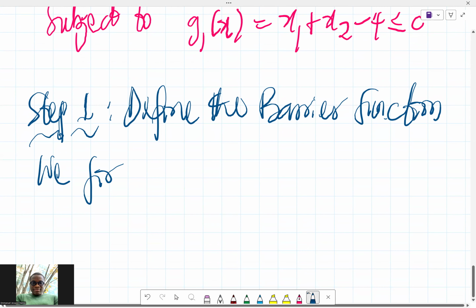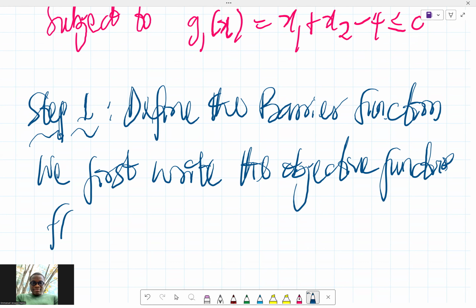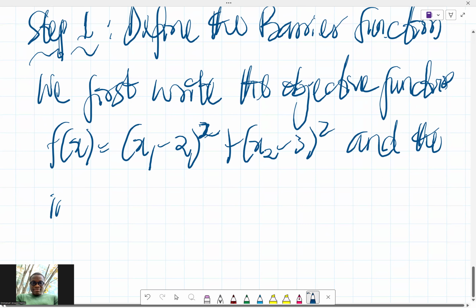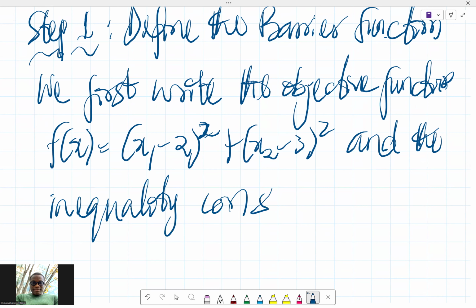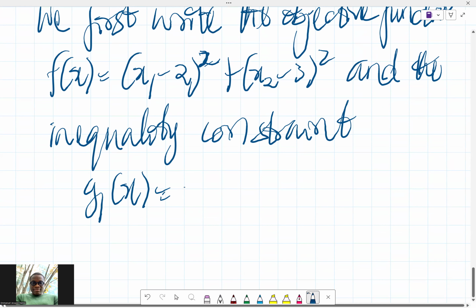So we first write the objective function, which is f of x equals x1 minus 2 squared plus x2 minus 3 squared, and the inequality constraint, which is g1 of x equals x1 plus x2 minus 4.